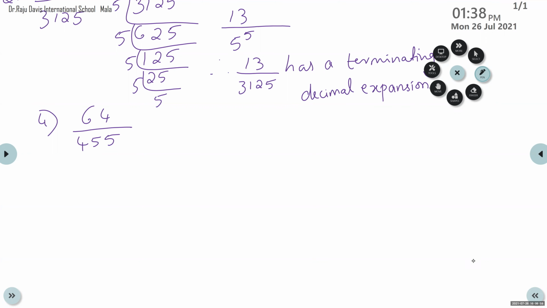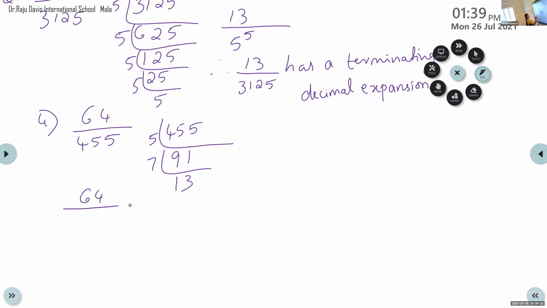455 is 5 into 7 into 13. So 64 divided by 5 into 7 into 13. Will it terminate? No, it won't terminate, because the prime factors of the denominator are 5, 7, 13.